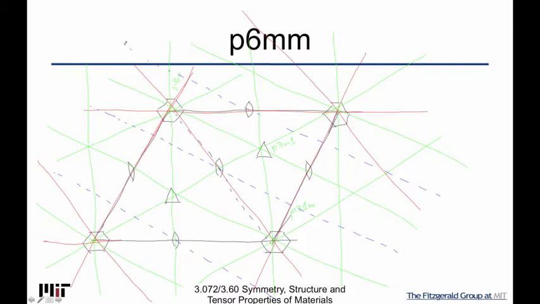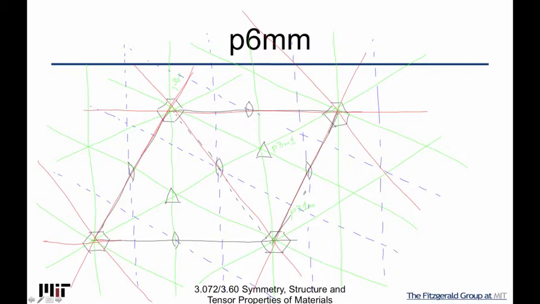We have the ones coming down in between the green mirror planes again. I'm sure there's another one here. Finally, there should be one through the red planes as well.